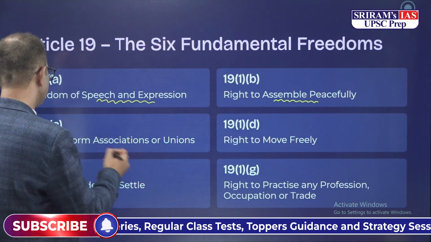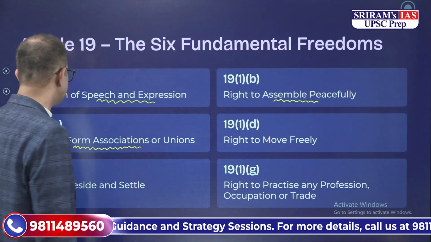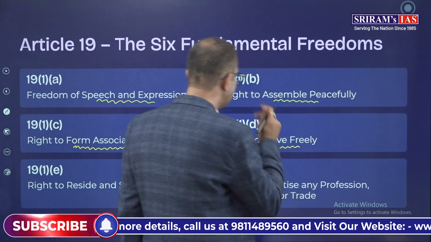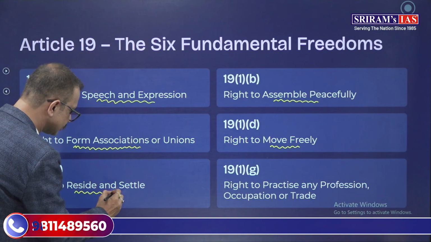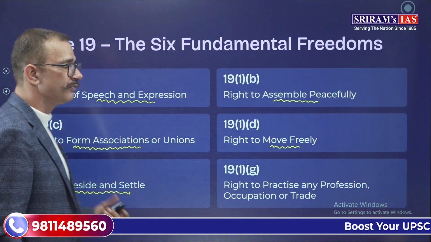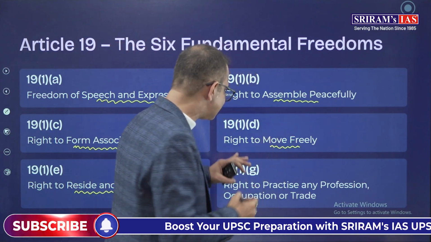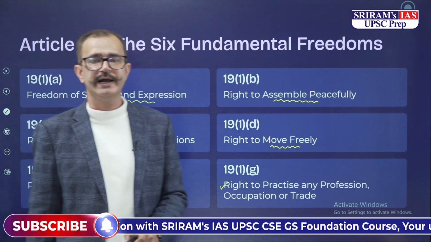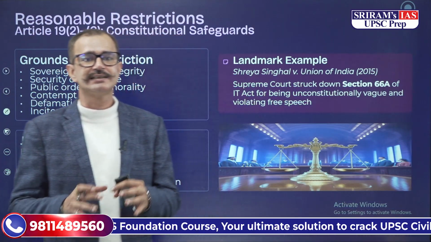There is the right to form associations or unions granted under Article 19(1)(c), the right to move freely throughout the territory of India under Article 19(1)(d), and the right to reside and settle down in any part of the territory of India under Article 19(1)(e). And we have the 6th right, the right to practice any profession, occupation or trade, granted under Article 19(1)(g). So these are the 6 fundamental freedoms.